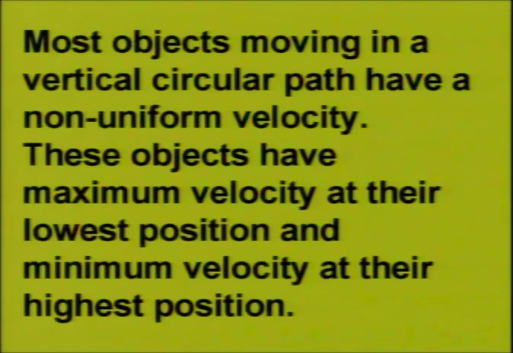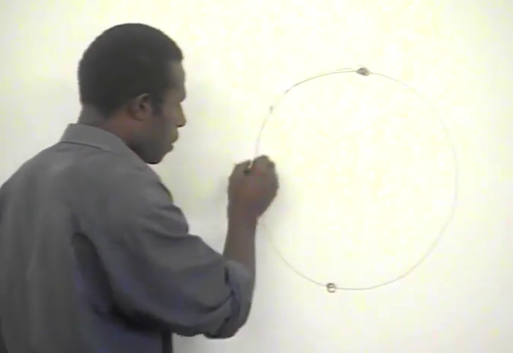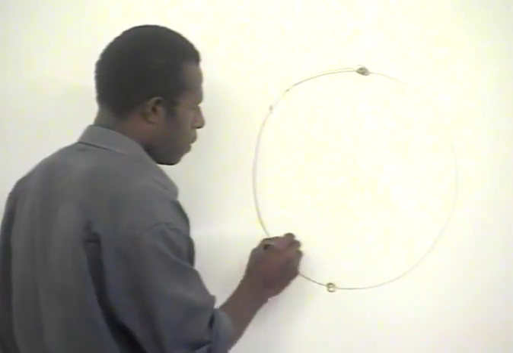If you look at this diagram here, let's say this is a circle, and at the top there is an object, and it is going to move that way around.